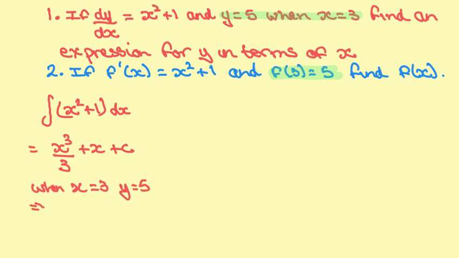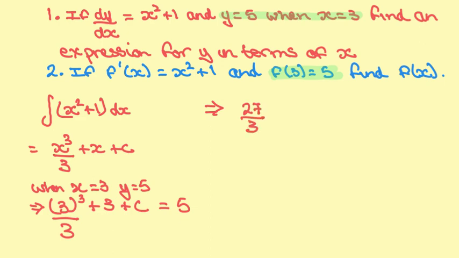So therefore, we get 3 cubed over 3 plus 3 plus c is equal to 5. Therefore, we get 27 over 3 plus 3 plus c equals 5.